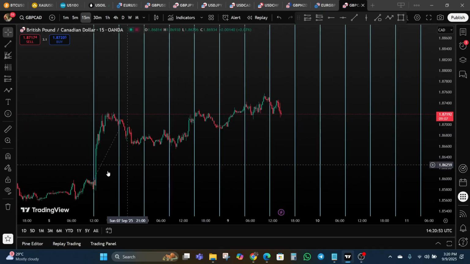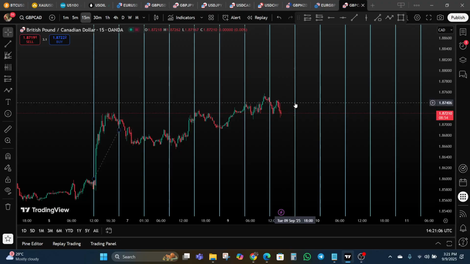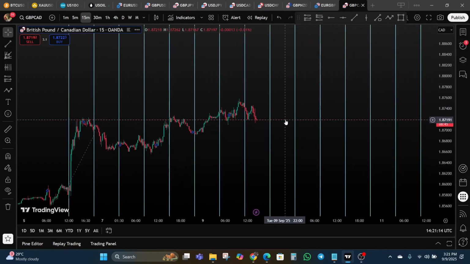So let's say each time price starts getting towards the end, there is always, this is just an assumption, right? There is always a bearish move. So anytime price starts getting towards the end of the next line, I'll be expecting a bearish move. Okay, so that's how this particular indicator can come in handy.